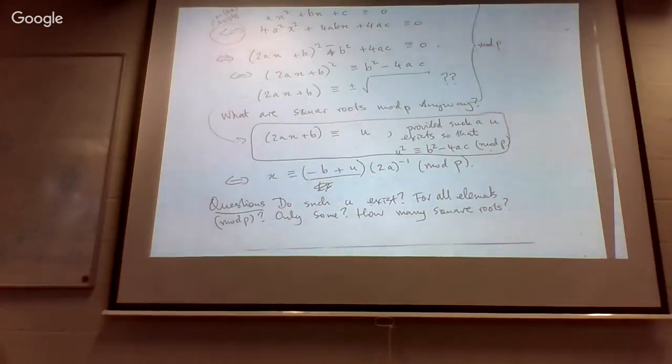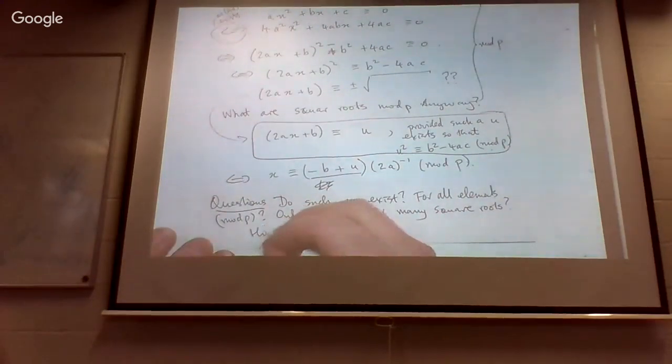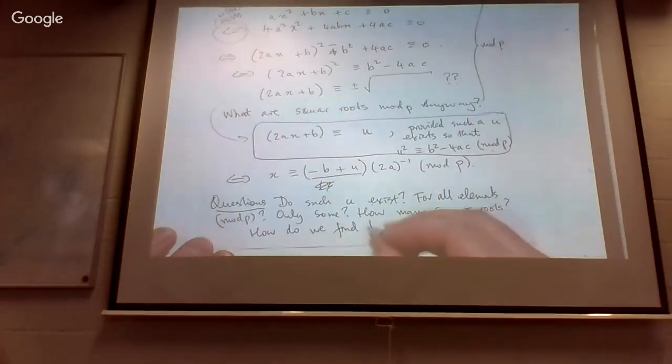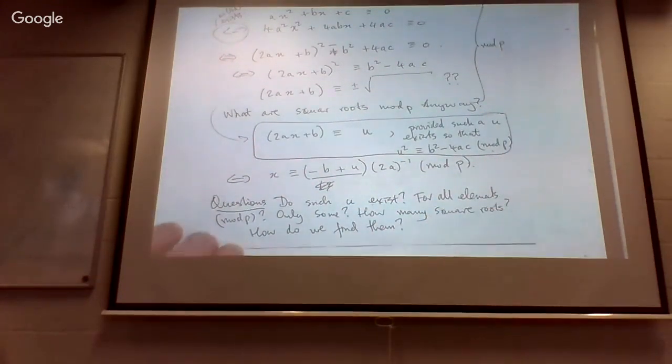Is that the same situation mod p? Could they have more than 2? How do we find it? So just from considering a quadratic congruence, you immediately bump up against this issue, and immediately we have all these questions popping up that we haven't done any theoretical work on.